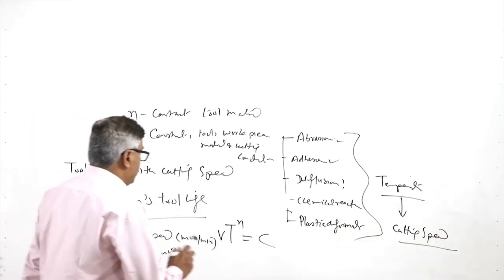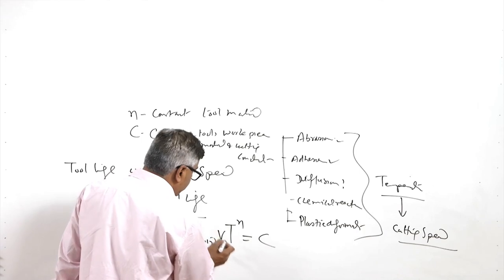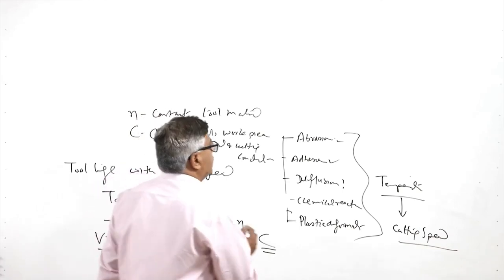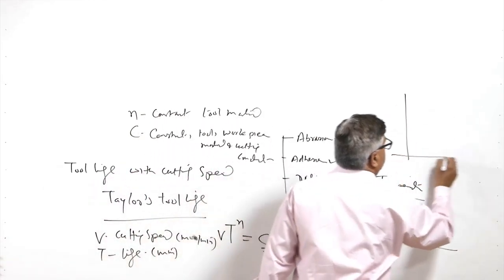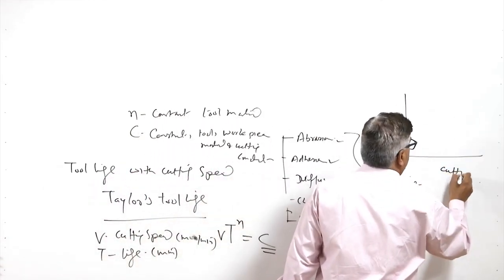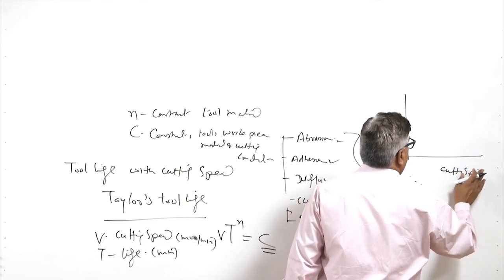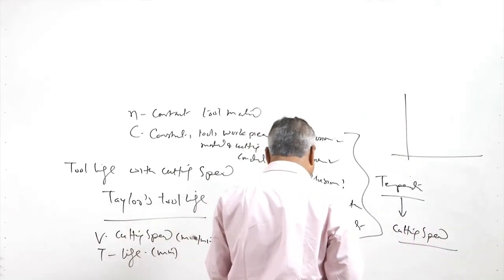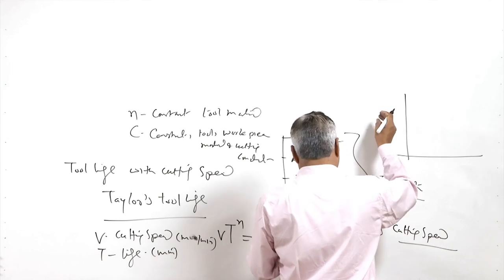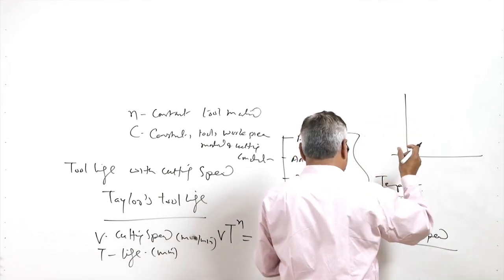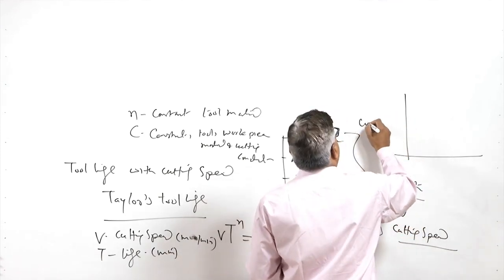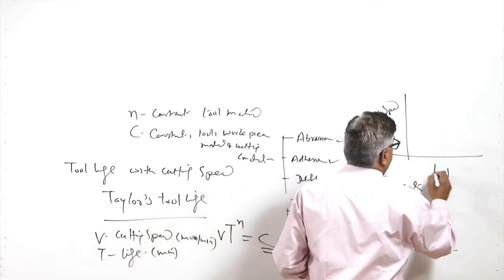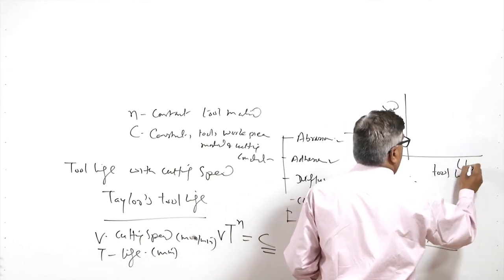So, if you want to understand the value of C, for this purpose we draw a cutting speed plot. This is the cutting speed and the tool life, both on a log scale.